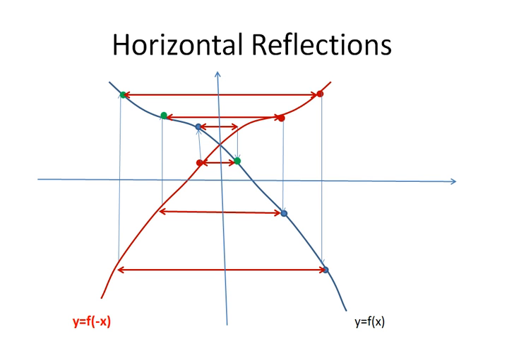The graph of y equals f of the opposite of x can be sketched quickly by reflecting points in the graph of y equals f of x horizontally across the y-axis.